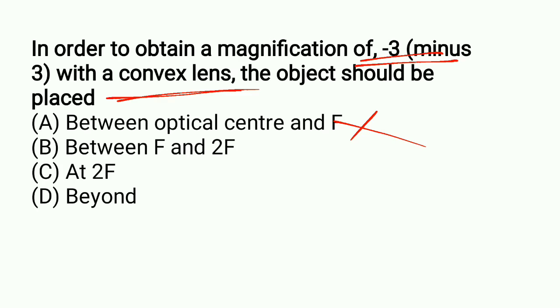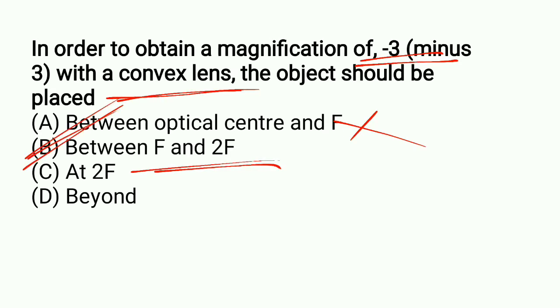So option A is not correct. Option B is between F and 2F. Yes, if you keep the object between F and 2F, the image formed is real, inverted and enlarged. So option B is the correct answer.